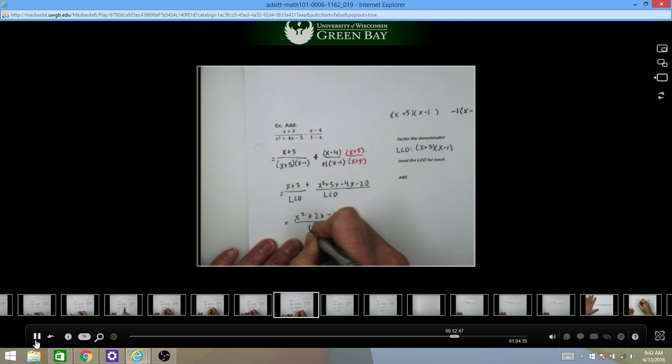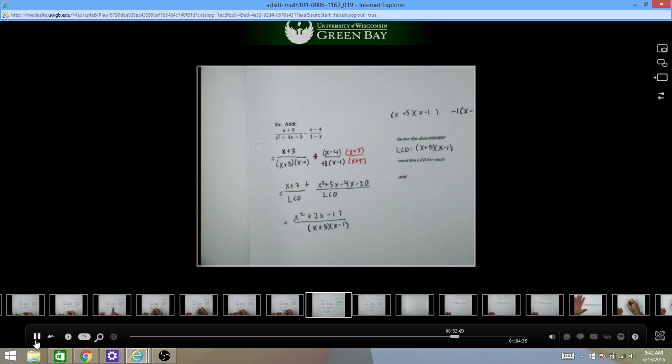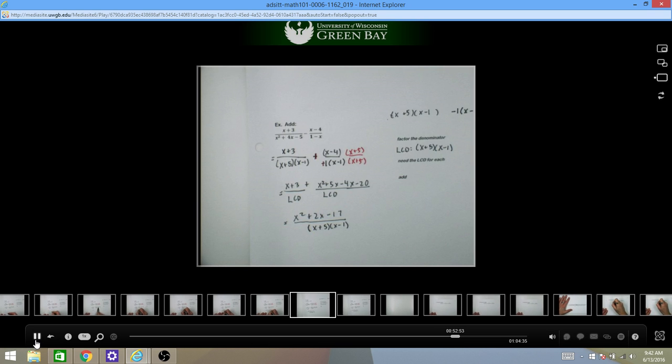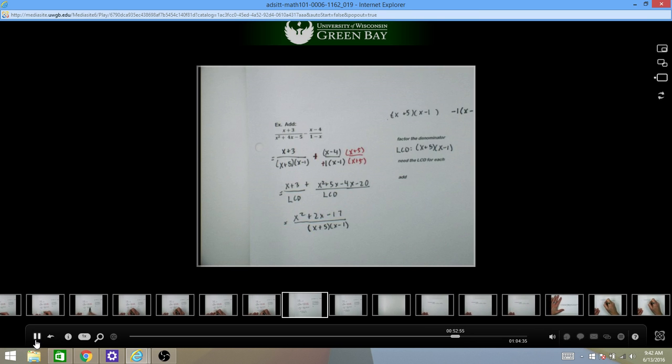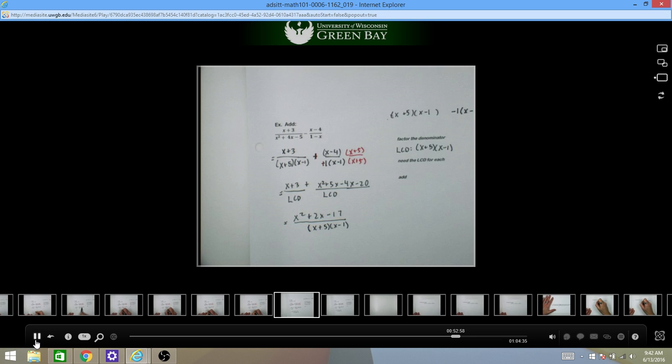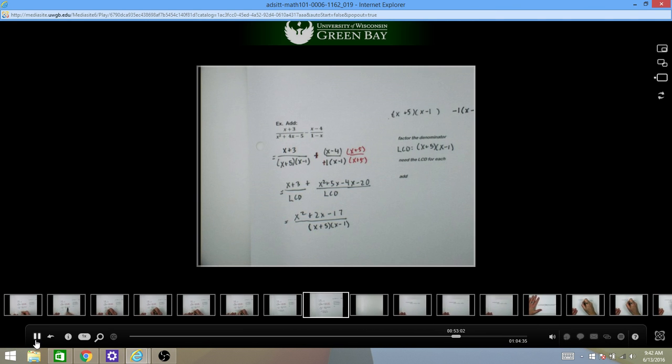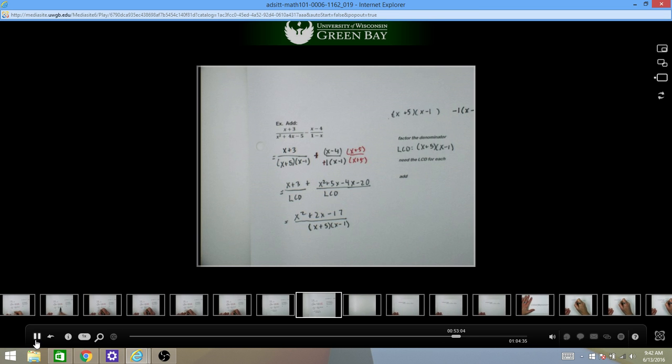So we'll be watching for having the opposite factor because you want the least common denominator possible. It makes the rest of the problem easier. So if you have opposite factors and you can get a negative 1 out, that makes your least common denominator smaller.